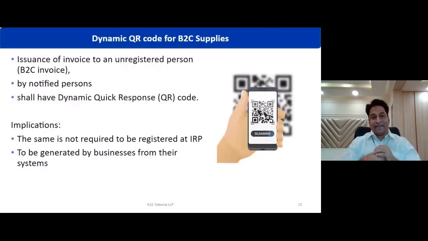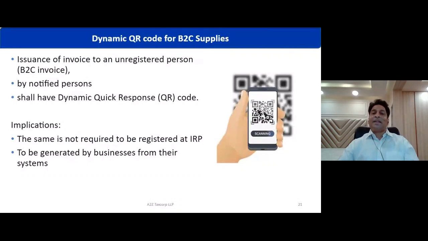Before I say, I would like to understand from the participants today. Please tell me in the chat box whether for this B2C supply above 500 crore, the supplier has to route through IRP or can create the QR code by themselves.